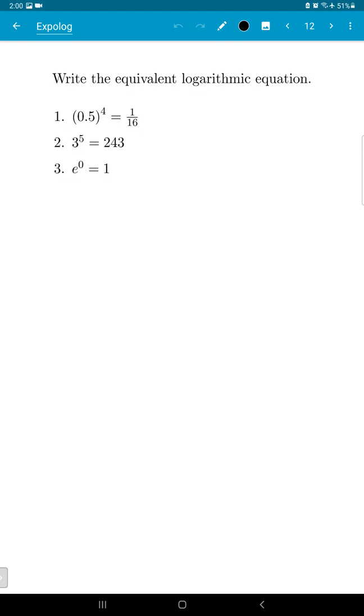Okay. Start with the following exercises where we are to rewrite those equations in logarithmic form.